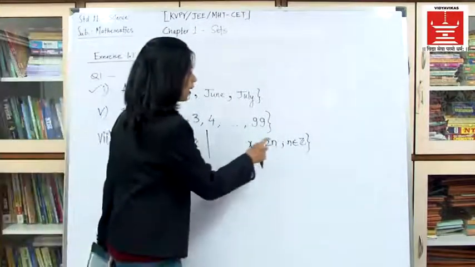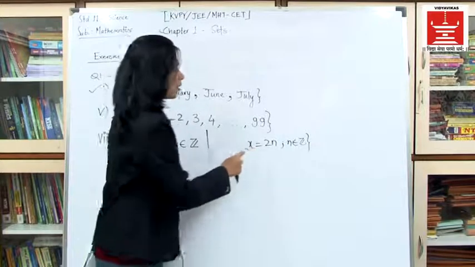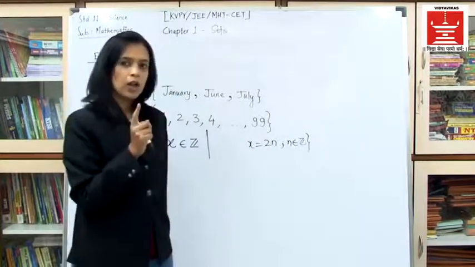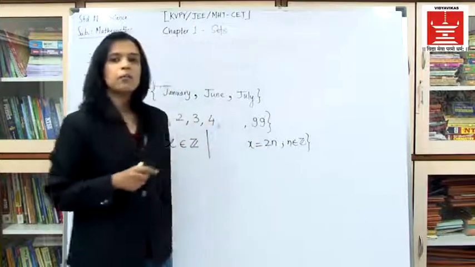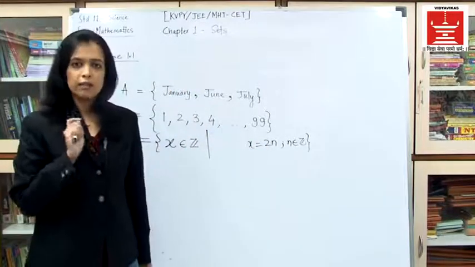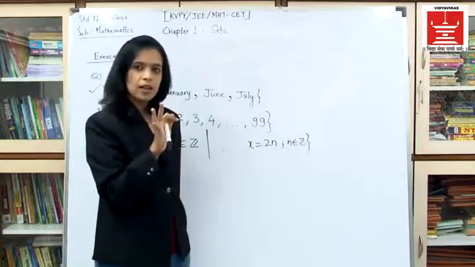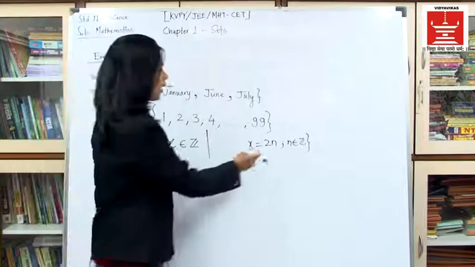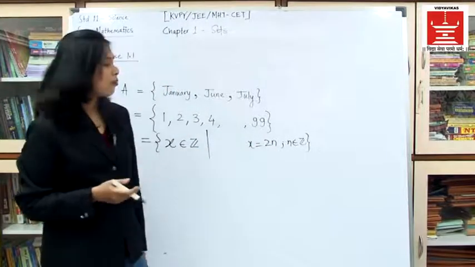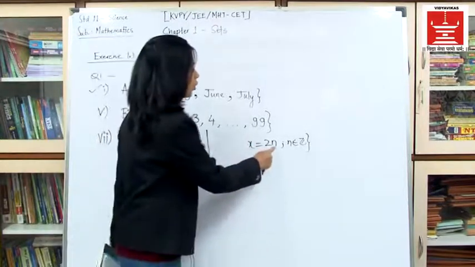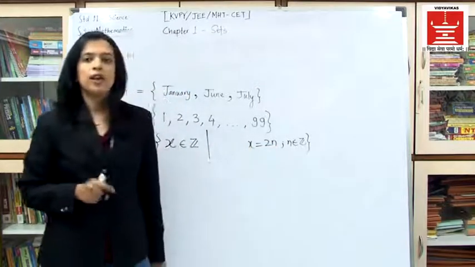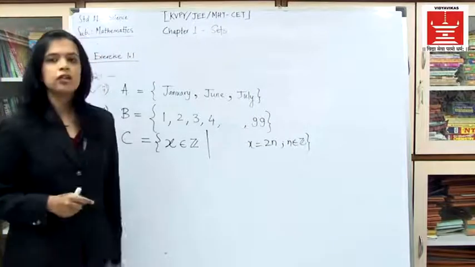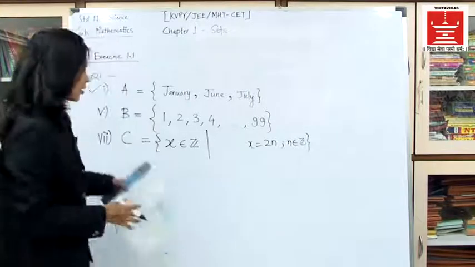So, n can be 0, x is then 0. So, yes, x is even. N is 1, we are multiplying it by 2, so x is 2, even. N is 3, 3 into 2 is 6, x is even. Similarly, n can be negative also. So, n can be say minus 5. So, 2 into minus 5 again gives you an even integer, minus 10. So, this in fact gives you the collection of all even integers.